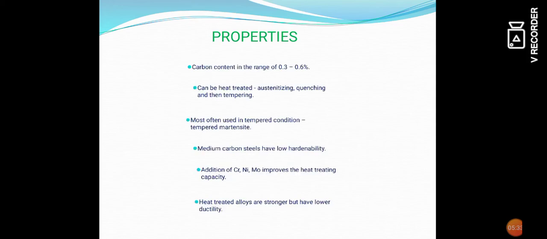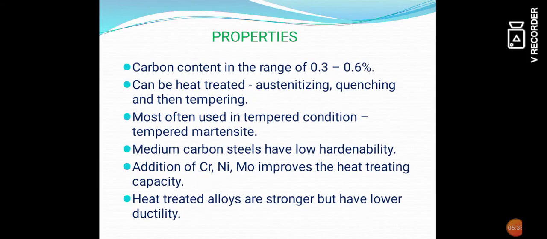Now let us see the various properties of medium carbon steels. When we consider the medium carbon steel, the carbon content is in the range of 0.3 to 0.6%. They can be heat treated, that means austenitizing, quenching and then tempering.